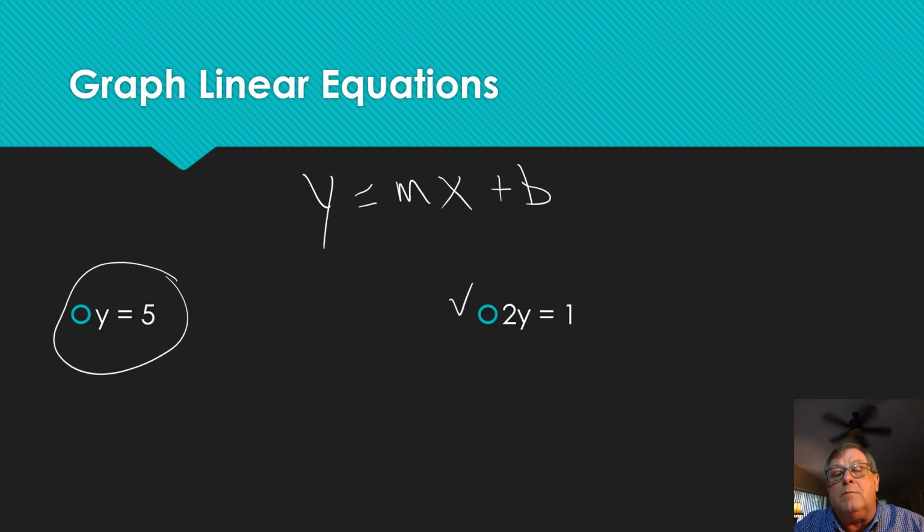Well, this is 2 times y. So if I divide both sides of this equation by 2, I'm going to end up with y equals 1/2. Now, join me over here on a TI-84 calculator, and we're going to graph both of these, y equals 5 and y equals 1/2. And we're going to see that we're going to create constant functions.